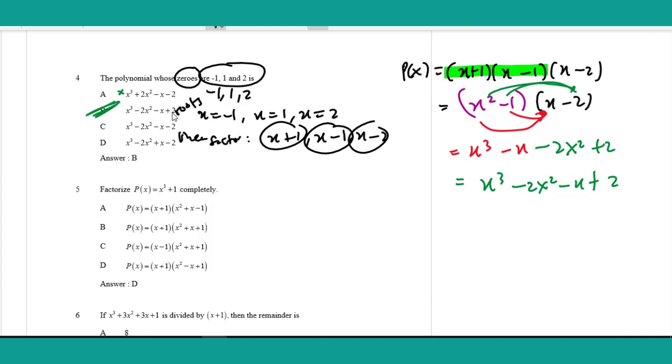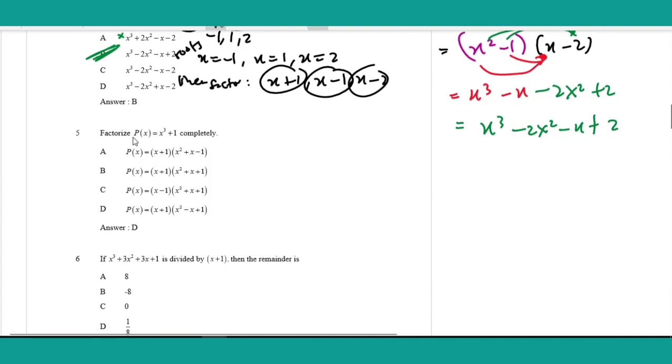Number 5. Factorize x cubed plus 1 completely. If given like this, check the constant. The constant is 1, so just substitute either negative 1 or positive 1. Let's say substitute p of negative 1. Negative 1 cubed plus 1 is equal to 0.